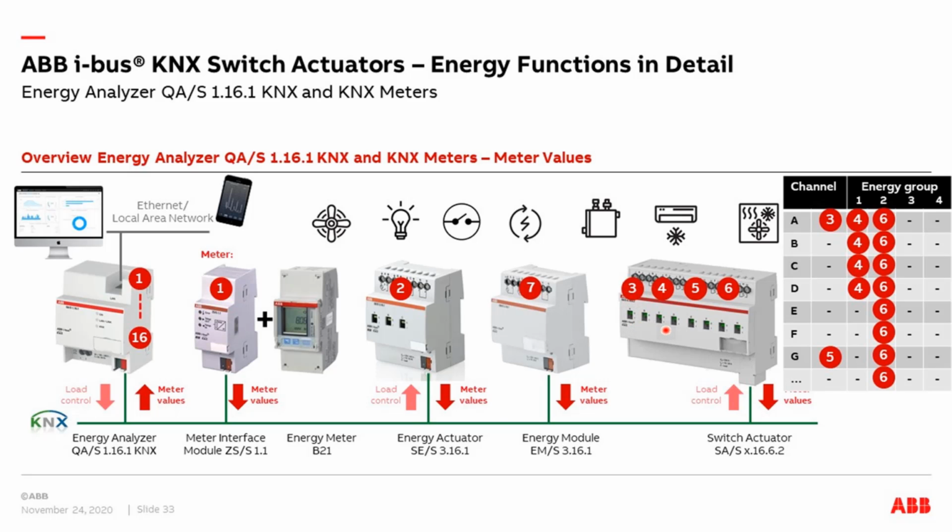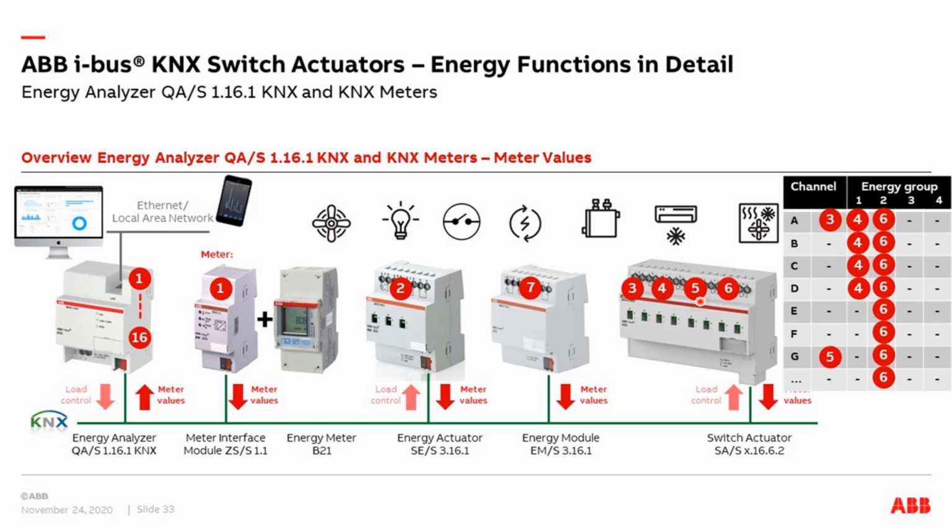The next possibility is to create so-called energy groups. Maximum we have 4 energy groups. In the ETS, we can say my energy group number 1 gets meter values from channel A, channel B, channel C, and channel D. So the energy group sums up all 4 channels, A to D, and sends the meter values to my meter number 4.